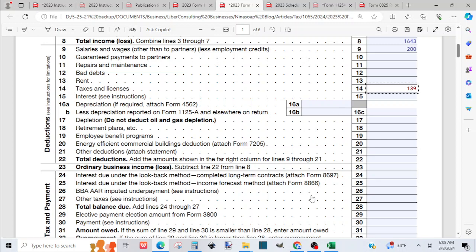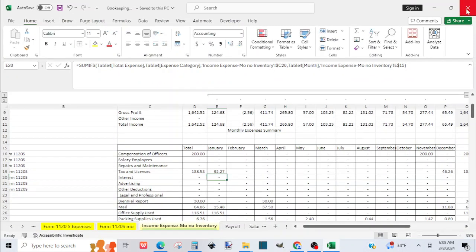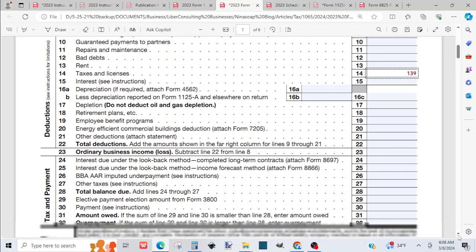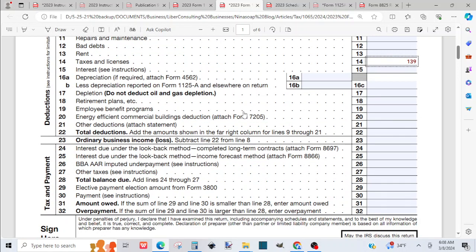So we are going to go back, close this one for now, and work on line 16A, depreciation.